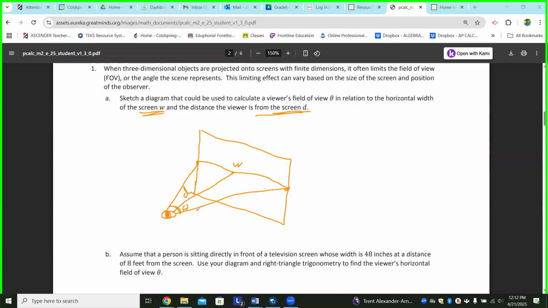Right? So there's our distance to the screen. You have the width of the screen, and then from your eyeball, we have a degree depending on how far or close you are. Obviously, the closer you are, the wider the angle. And the further you are, the smaller the angle of the measure.